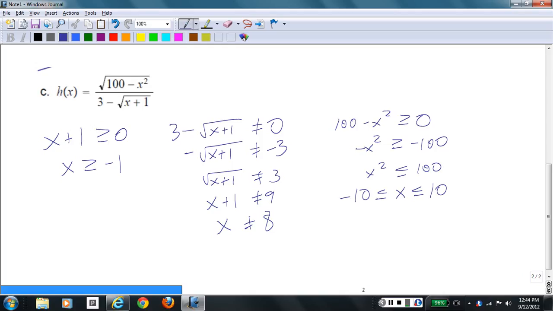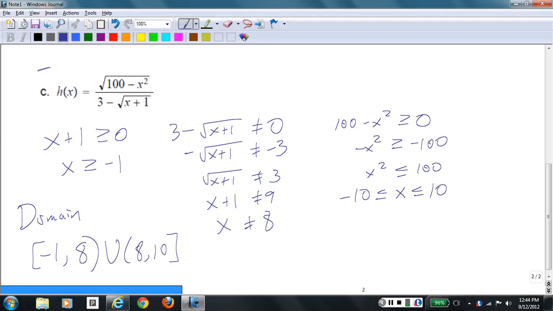So it looks like the domain is going to be -1 to +8 union 8 to +10. And I believe it is going to be continuous.